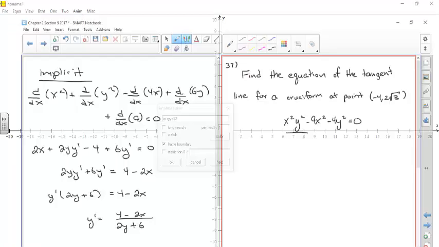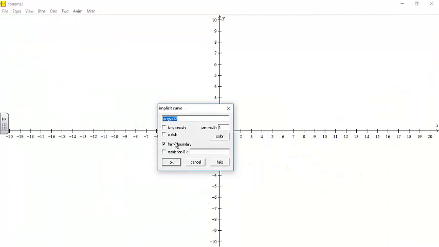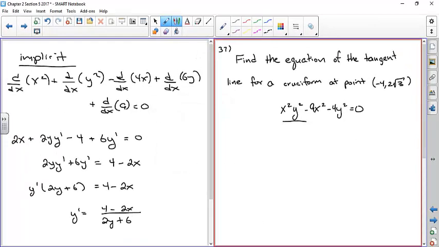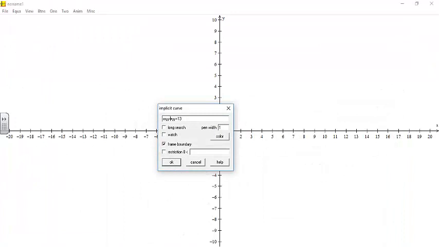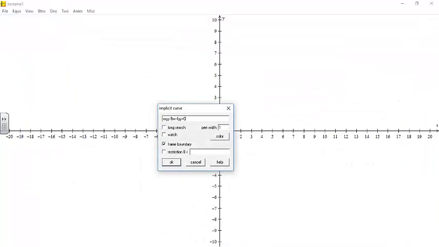Let's look at the equation again. x squared y squared minus 9x squared minus 4y squared equals 0. Looks right.